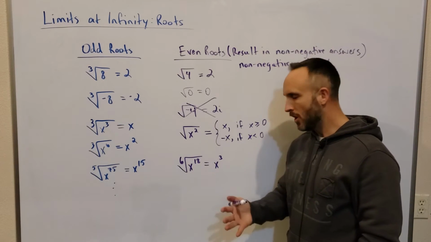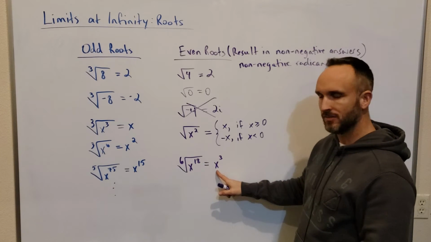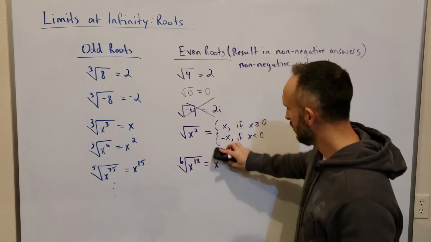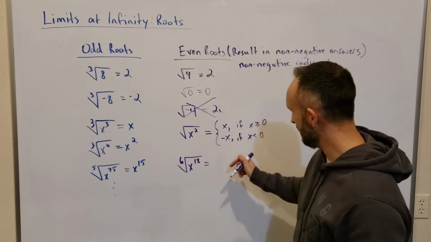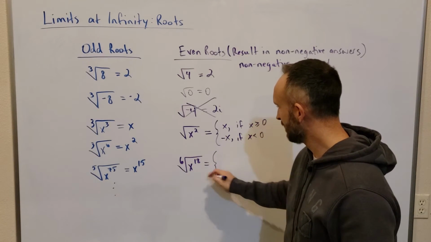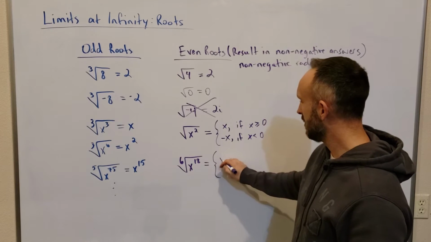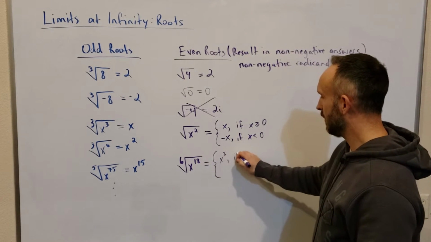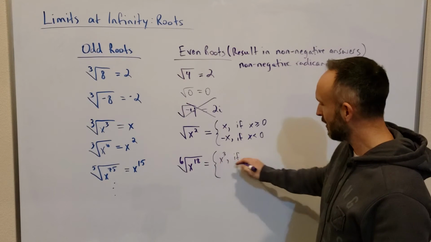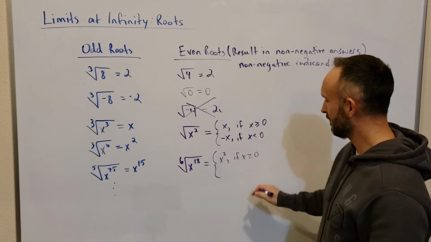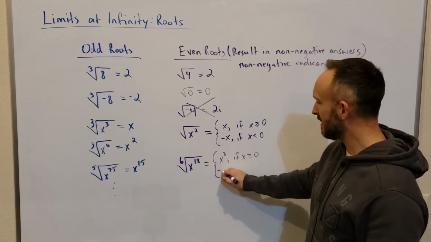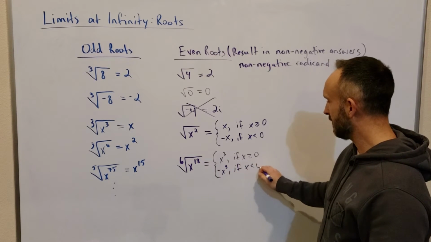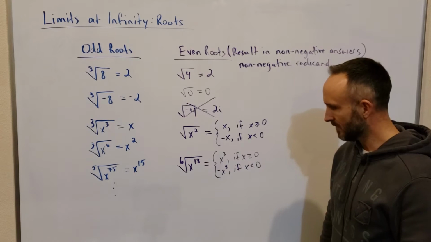The answer is no, because if x is negative and we cube it, this is a negative answer. So we get a similar type of idea here. In this case, the sixth root of x to the 18th could be x to the third. It certainly could be, but when? Well, it's the answer you'd like whenever x is not negative. It's the opposite of that answer if x is negative. Okay? So kind of tricky.